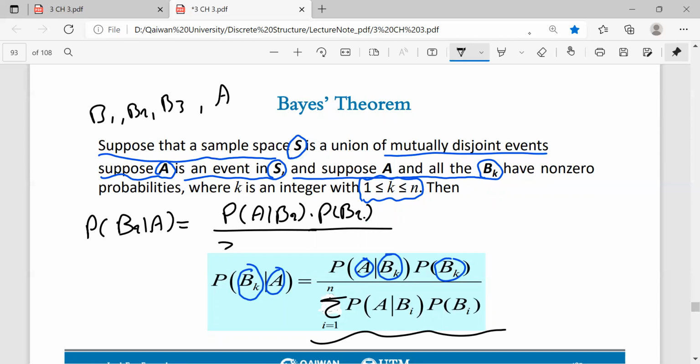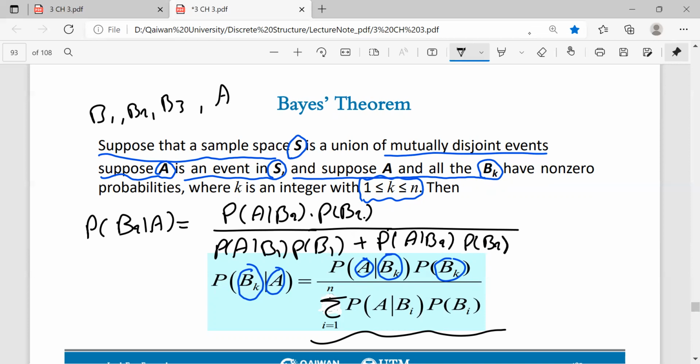I'm just going to write it down. I'm going to expand the summation here. It is probability of A given B1 times probability of B1, plus probability of A given B2 times probability of B2, plus probability of A given B3 times probability of B3.